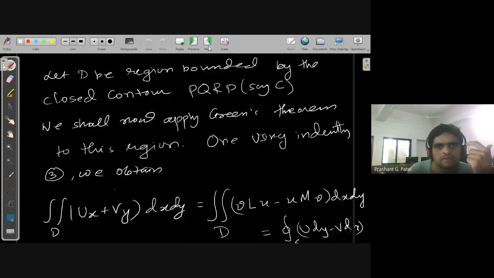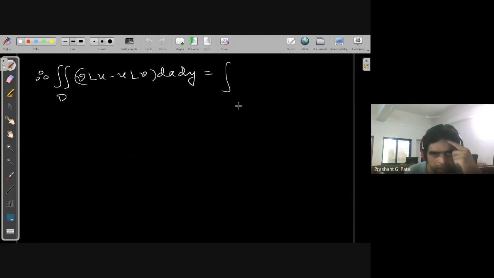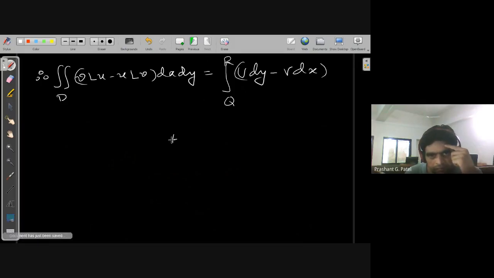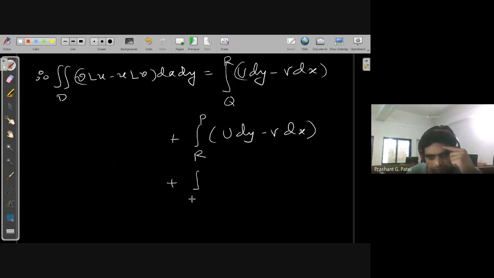So the entire curve is split into three parts: Q to R, u dy minus v dx, plus R to P, u dy minus v dx, plus P to Q, u dy minus v dx.